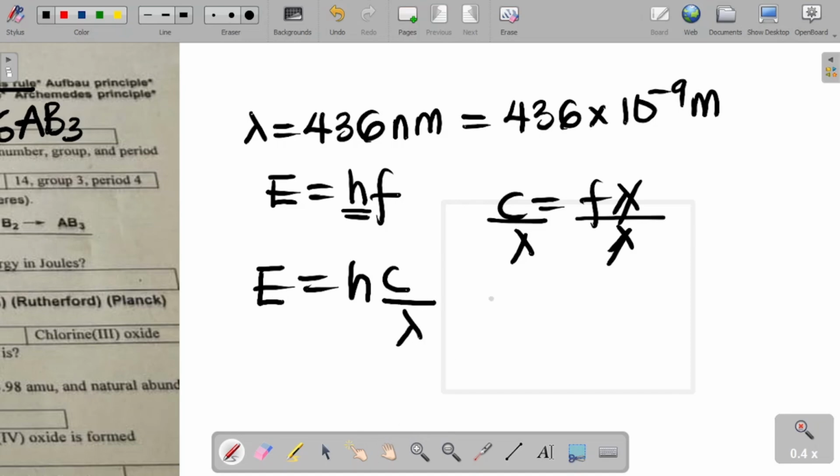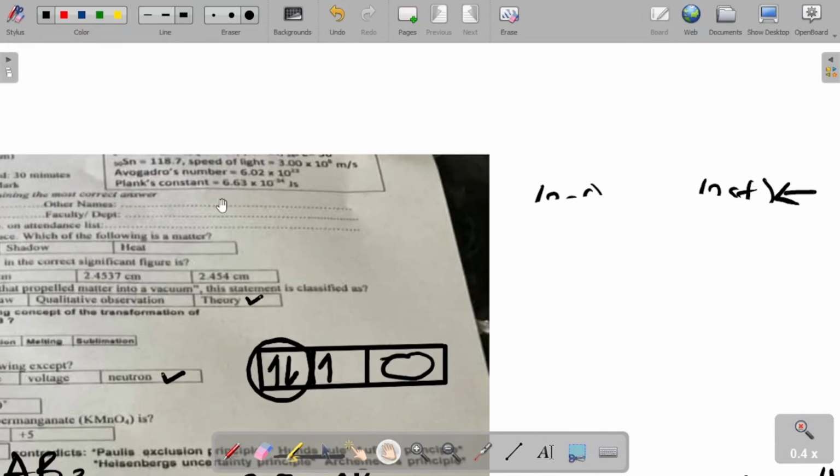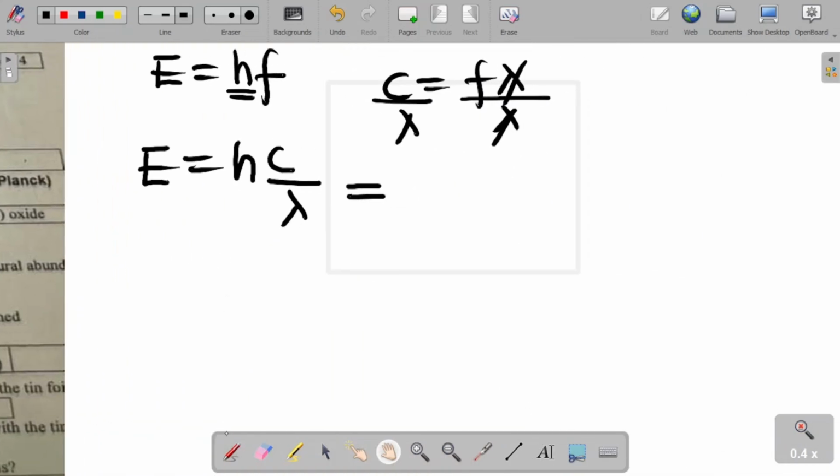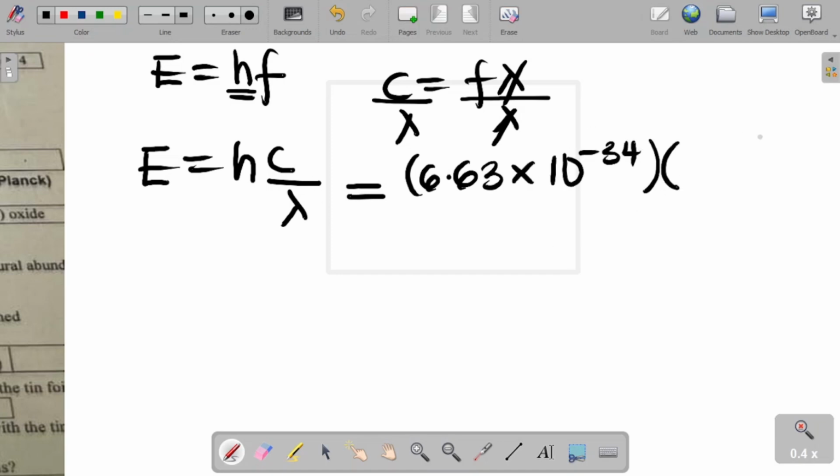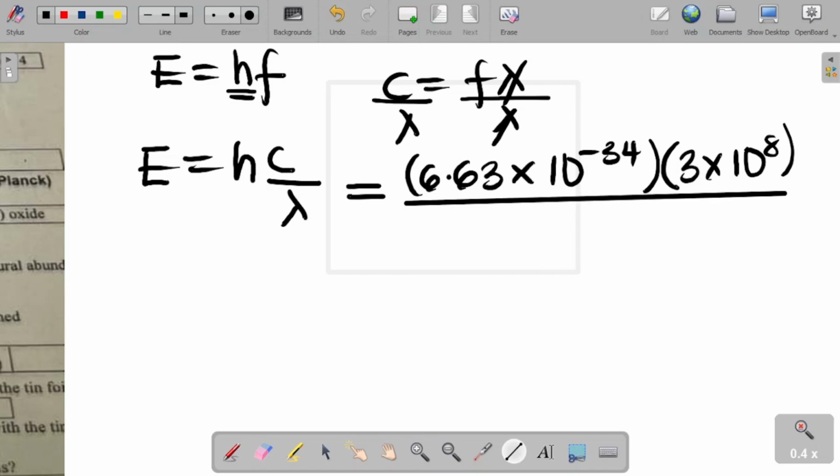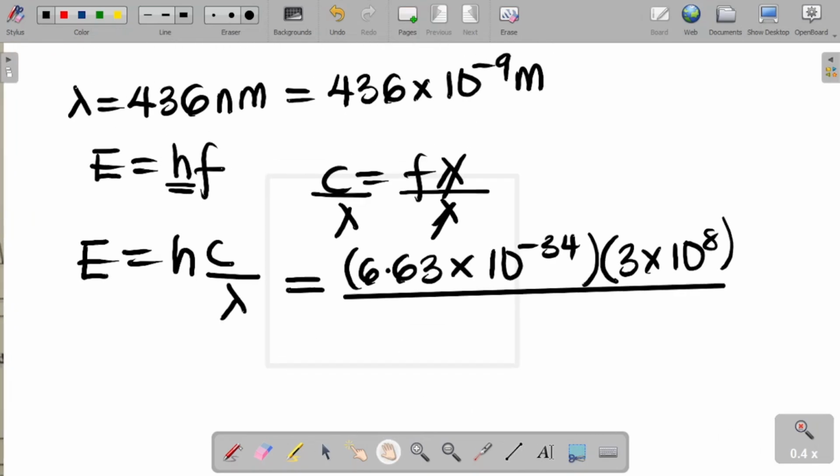This is still correct. So with this formula, let's get the value of H, Planck's constant. If you look at this, it is given as 6.63 times 10 to the power minus 34. So I would come here, H is 6.63 times 10 to the power minus 34. Then c is the speed of light, 3 times 10 to the power 8, all over the wavelength, which is given in the question as 436 times 10 to the power minus 9.